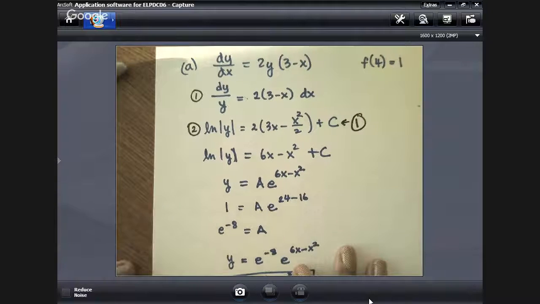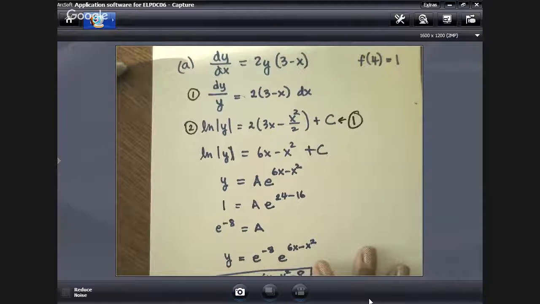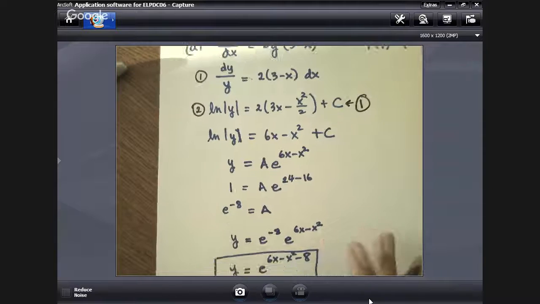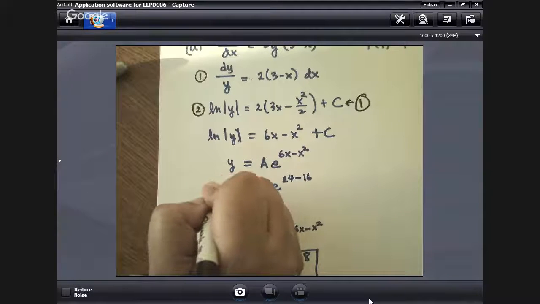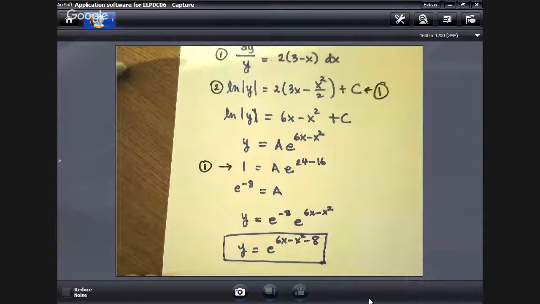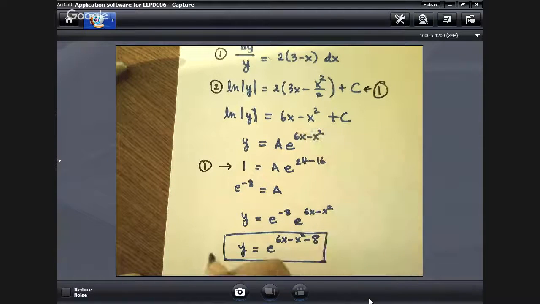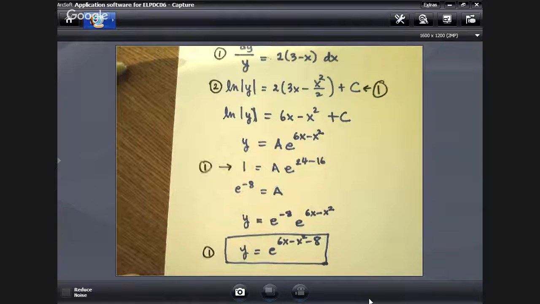So right now, I've already earned 4 of presumably 6 points. 1 point for plugging in your initial condition. Notice that it's not for solving it, it's for just plugging in, in this case, 4 for x and 1 for y. And then 1 point for the correct answer.